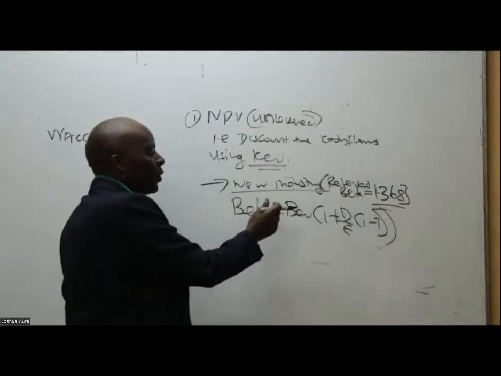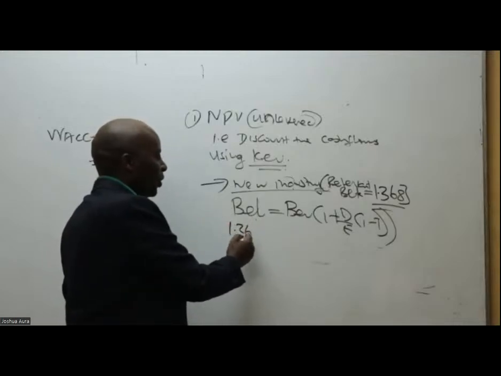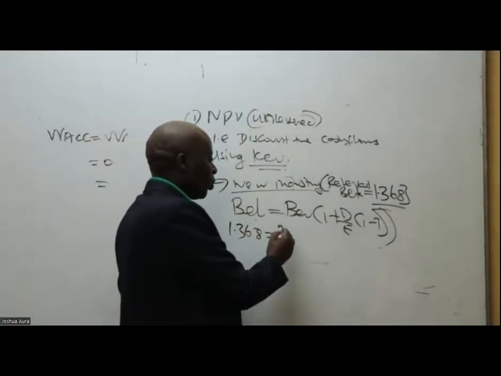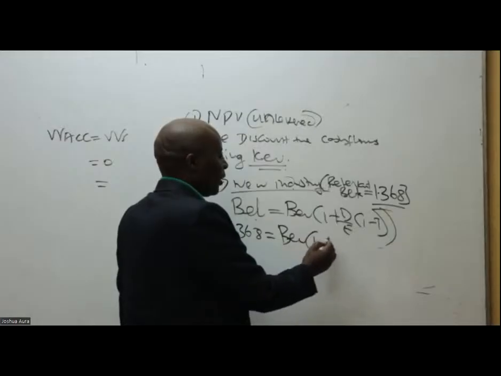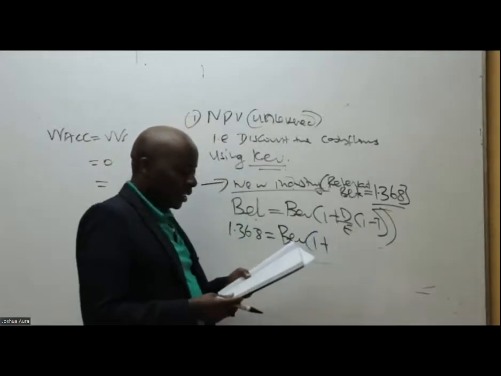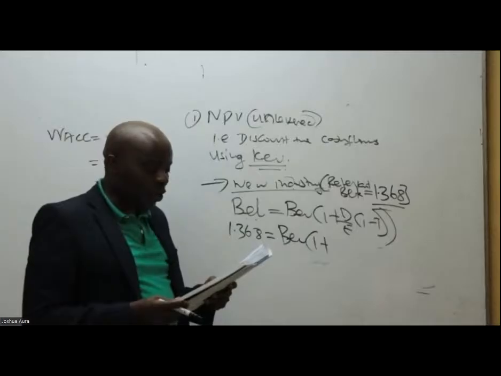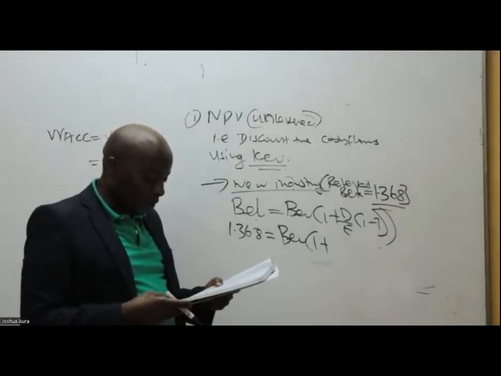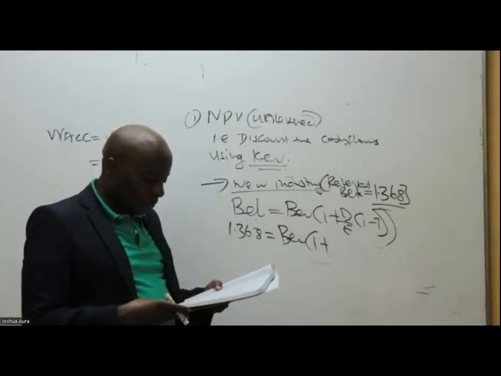The beta we already have is 1.368, which equals the unlevered beta that we are looking for, times 1 plus the debt to equity ratio of the new industry. Is anybody able to see the debt to equity ratio of the plastics industry?